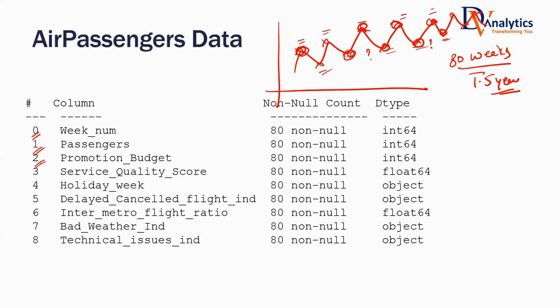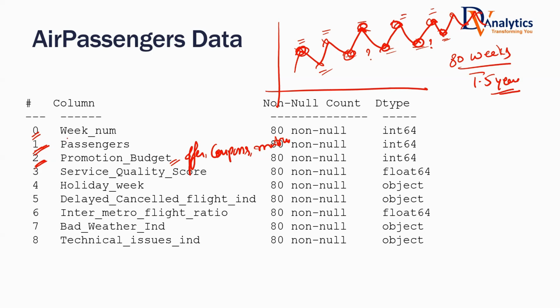We have the promotional budget in that week, the amount of money that is spent on promotions, offers, coupons, marketing. Isn't it true that promotional budget impacts our number of passengers? If you are giving more and more offers, there's a high chance that passengers may increase.